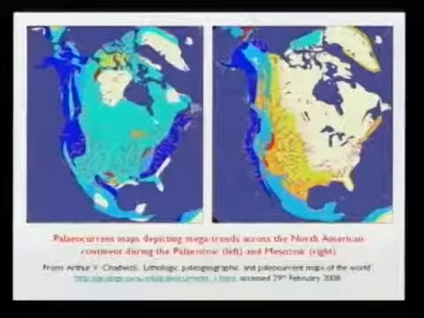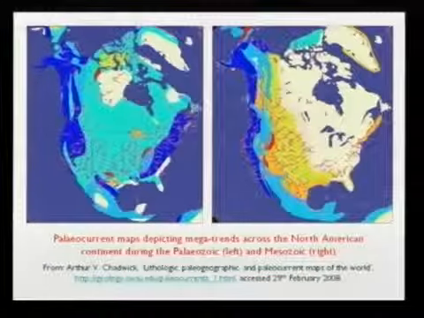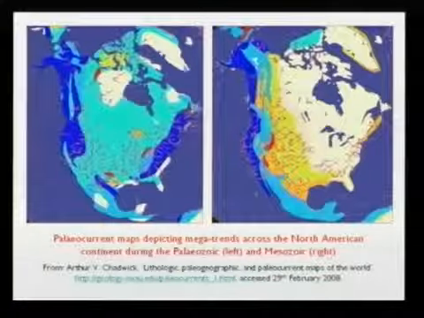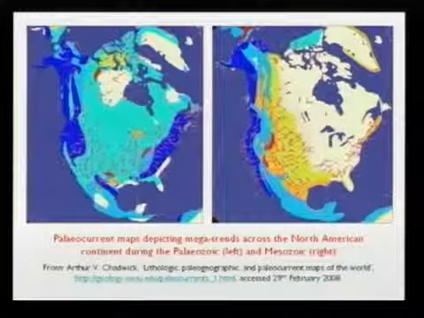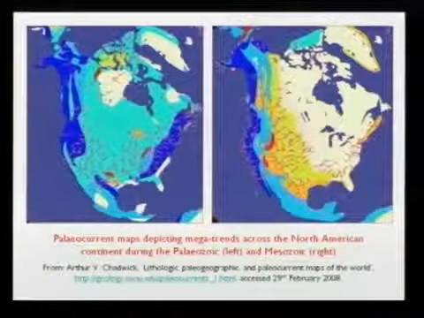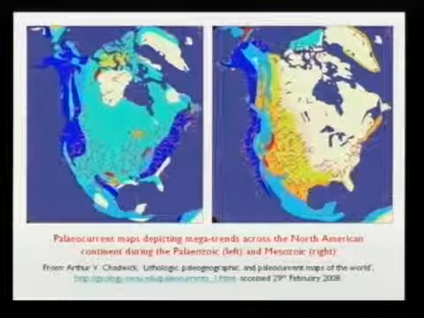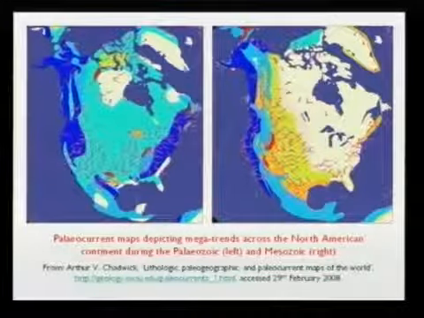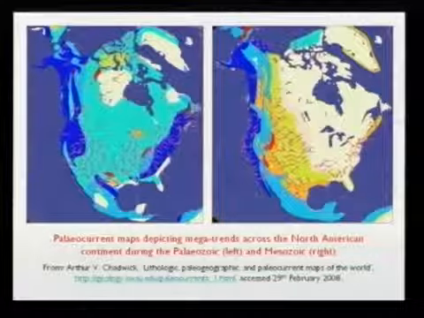However, a geologist by the name of Arthur Chadwick, over many years, has been collecting what's called paleocurrent data. This is data from rocks, looking at structures that give clues as to directions of currents. He's amassed 500,000 paleocurrent direction measurements. I mean, that's a massive sample of data by anyone's standards.